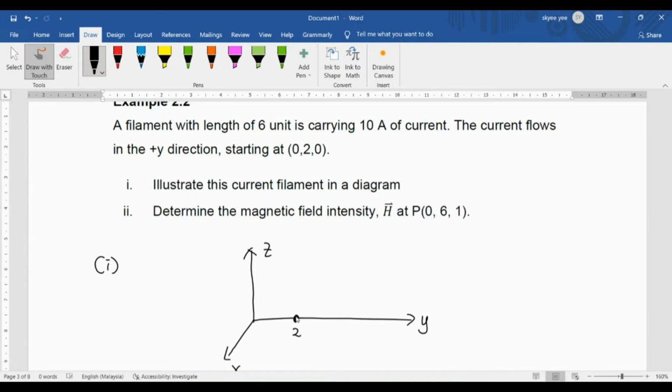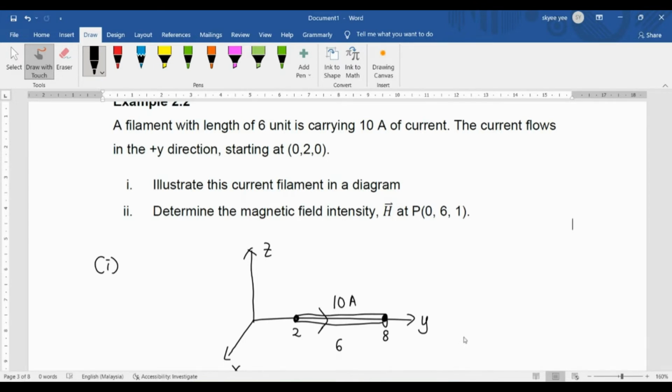The length is 6 units, so it will stop at position 8 to make the length 6 units. So this is your current filament, with current flowing in the positive y direction, 10 ampere. So you have completed question 1.